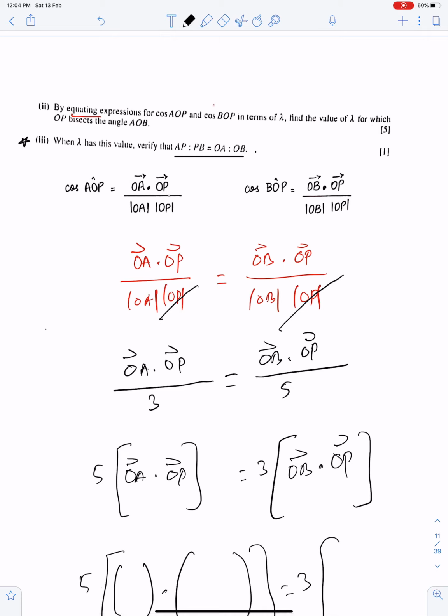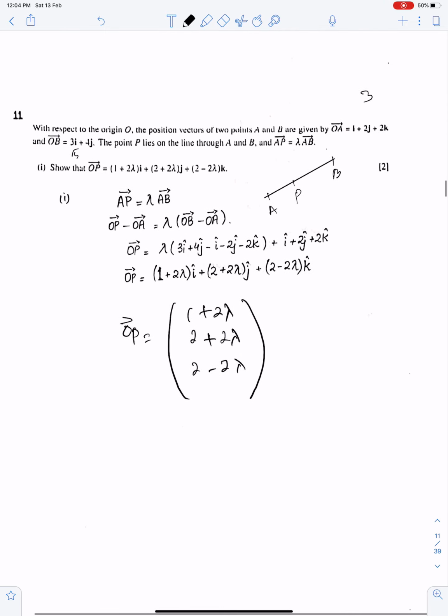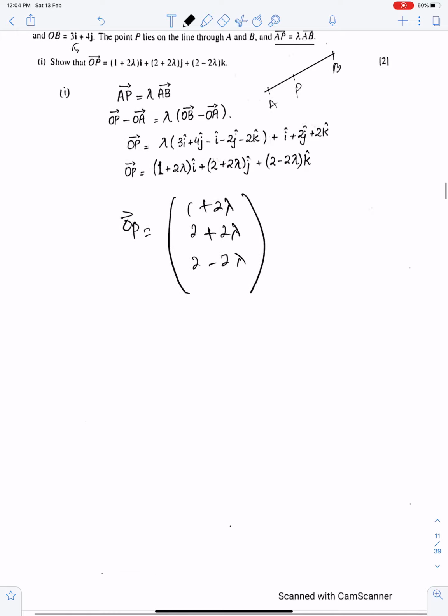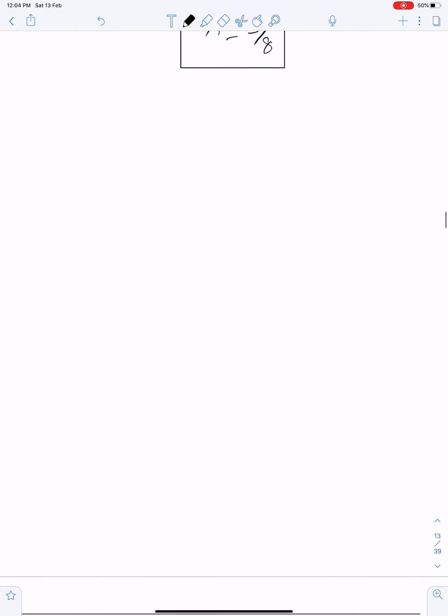When lambda has this value, show that AP, PB, OA, OB, I mean these ratios are equal. We can prove this by using this condition. Use this, AP is lambda times AB. It's given AP is lambda times AB, and lambda is 3/8.